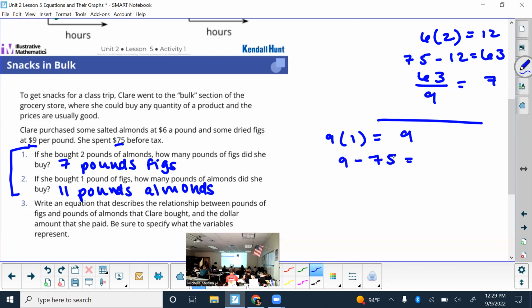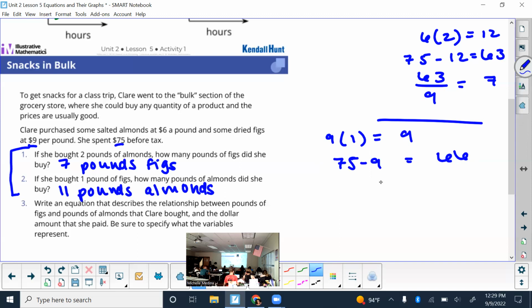What's 9 minus 75? It's actually negative 66. So really, you should reverse the order of those. But yeah, it should be 75 minus 9. And then you get 66.